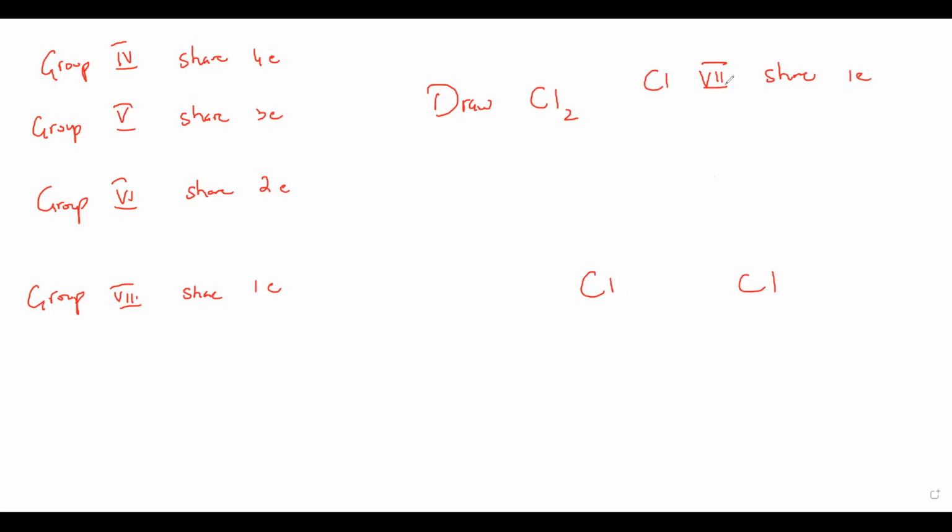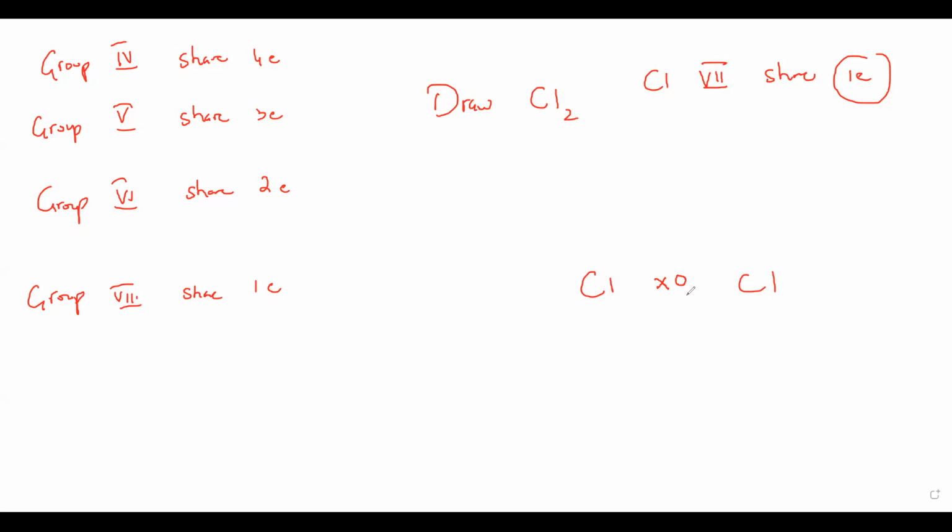Because it is sharing one electron, the shared electron will drop between the two chlorines: one shared electron from the chlorine on the left hand side, and the second from the chlorine on the right hand side. So this is a shared electron.